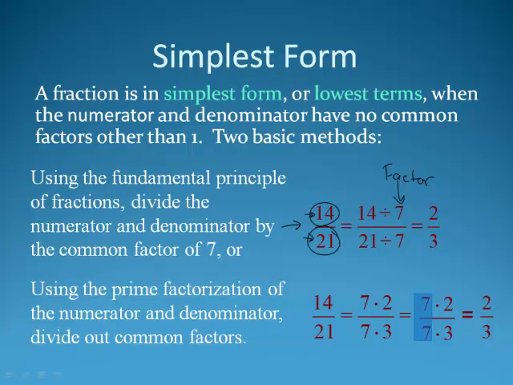Now, another way to do that, if it's hard to figure out what the greatest common factor is for both the top and the bottom, is you can take both the numerator and the denominator and break it down using prime factorization techniques, which means break it down until you can't break it down anymore. And then, if you have a common factor in both the numerator and the denominator, anytime you take a number and divide it by itself, that's equal to 1. 7 divided by 7 is 1.